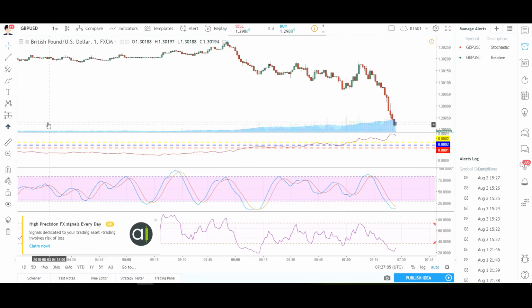Since the criteria for RSI is met, we just have to wait for the stochastic cross. As you can see, I've circled the ATR condition: it is above the yellow line, so use method 1, and the RSI is below the channel, so that fits the criteria. Now we are waiting for the stochastic cross.